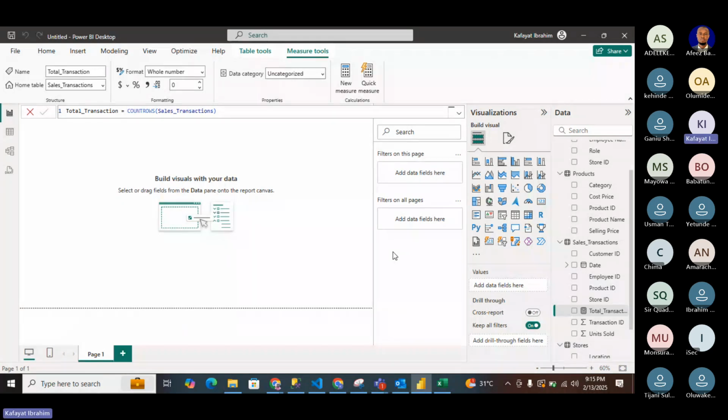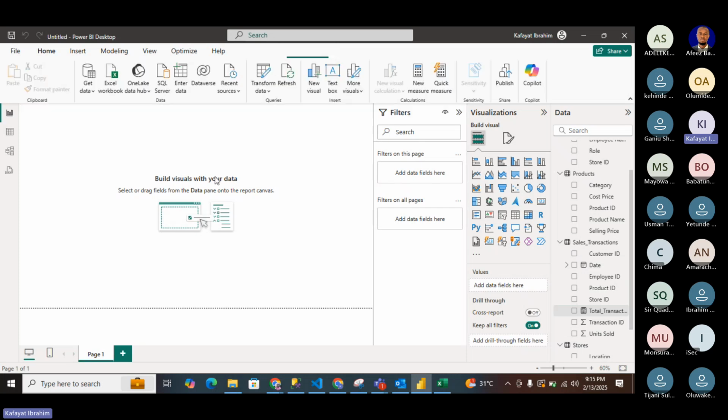Then customer purchase frequency. Yeah, just come up with. So let's start our work. Any insights from you guys?